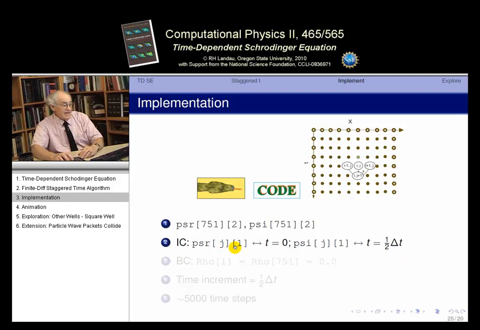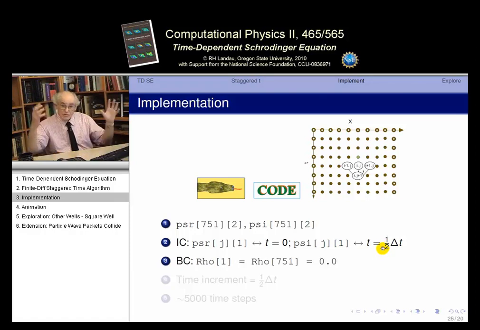So we put that in, as we see here, in the first slot in the real part and the first slot in the imaginary part. Even though the first slot in the real part indicates time 0, the first slot in the imaginary part corresponds to the staggered displaced time of delta t over 2. So that's the difference. The boundary conditions, that's on the space part of the wave function.